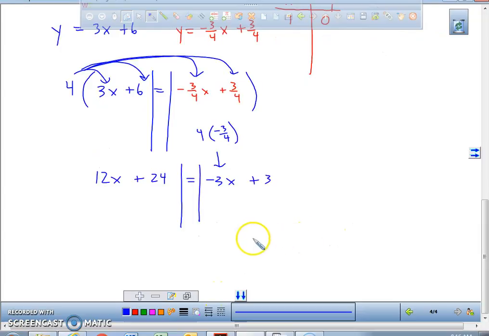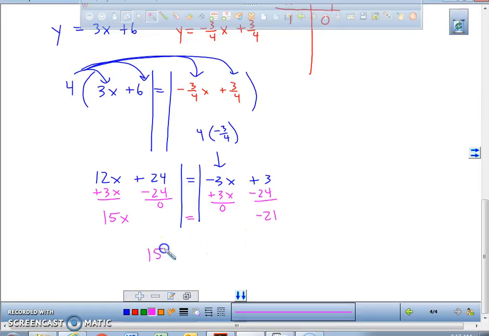Now we have to solve for x. So here's my suggestion to solve for x. You're going to add 3x to both sides, and you get 15x. You're going to subtract 24 from both sides, and you get -21.